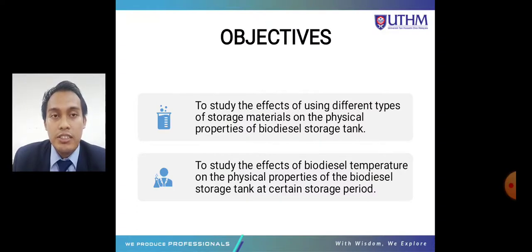The objectives of this study are to study the effect of using different types of storage materials on the physical properties of biodiesel, and to study the effect of biodiesel temperature on its physical properties in terms of storage.